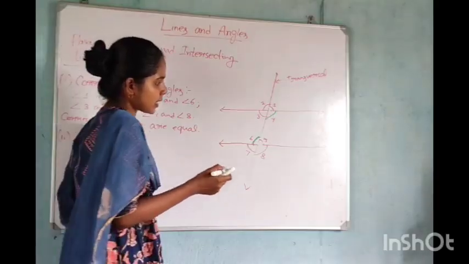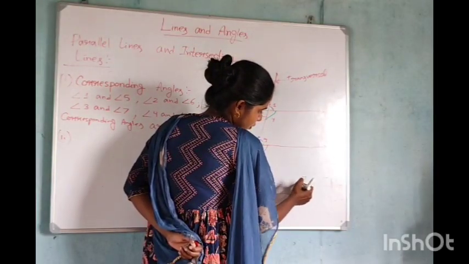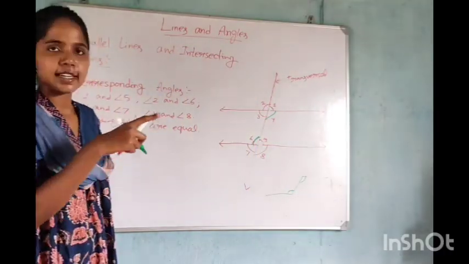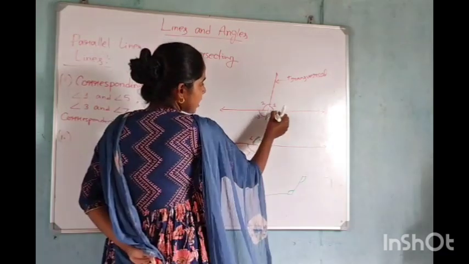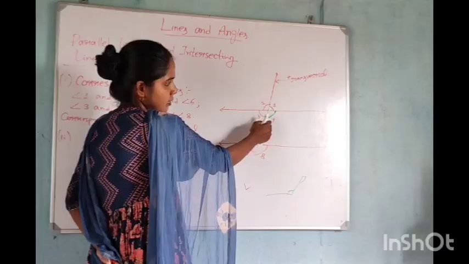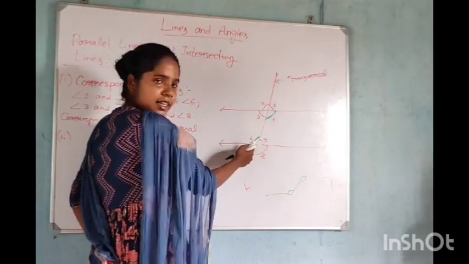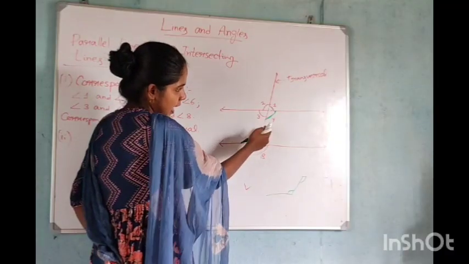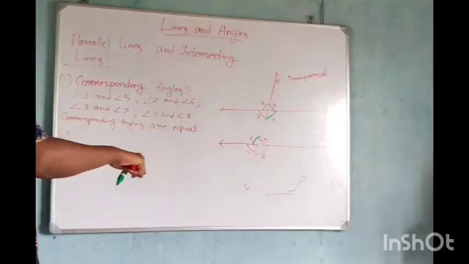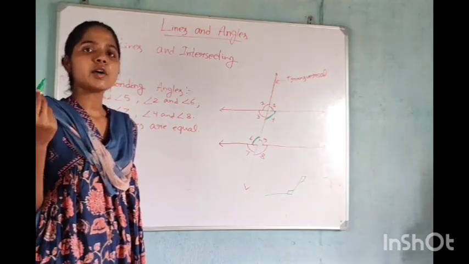Whenever alternate angles form, they form almost like a Z. Alternate angles always form like a Z. Or we can say that if one is on the right-hand side of the transversal, the other will be on the left-hand side. 4 and 6 are both under the line, one on the right-hand side and one on the left-hand side. That's why they are called alternate angles. And the property of alternate angles is that alternate angles are equal.